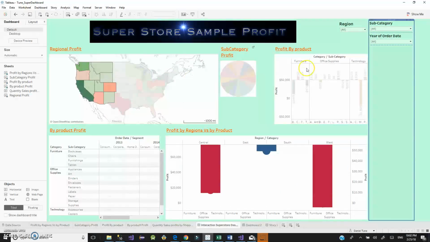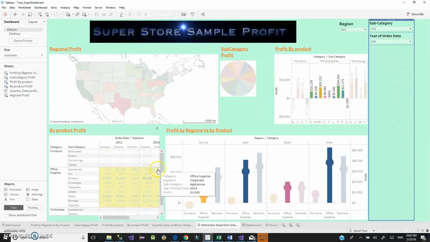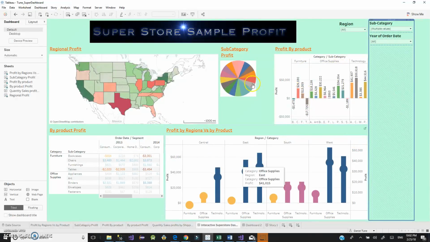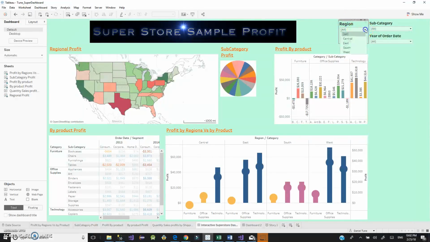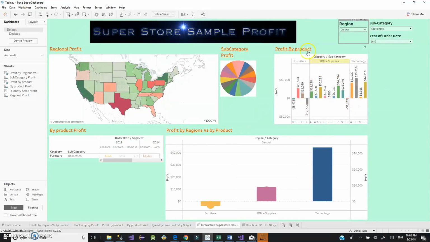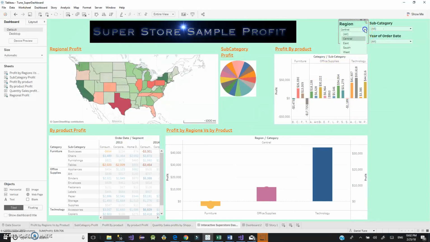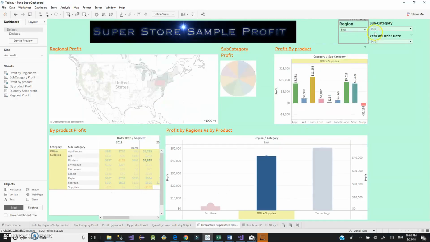You're not going to do that always in a presentation, but here I have a region section. If I select center, it's going to affect everything. If I select east, it's going to affect up here.